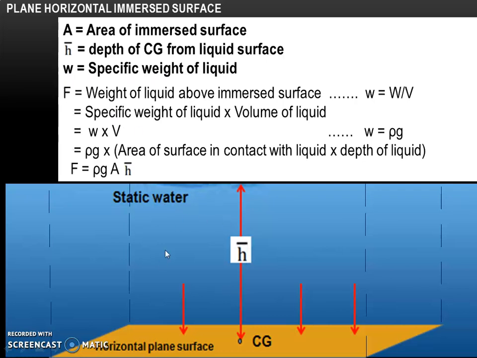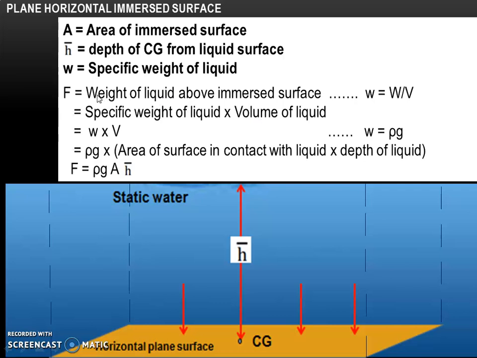We need to find out what is the force exerted by this water on the immersed horizontal plane surface. So to find F, we need to know the weight of liquid above this immersed surface. That is the weight of liquid enclosed within these dotted lines above this horizontal surface. We know that specific weight is equal to weight by volume. So weight of liquid will be specific weight of liquid into volume of liquid.